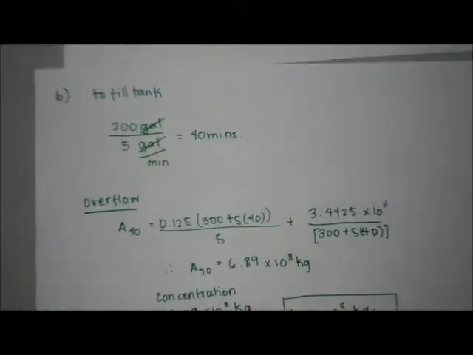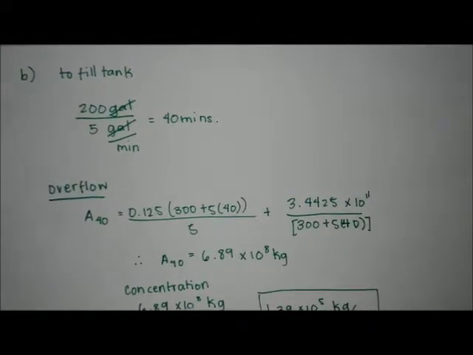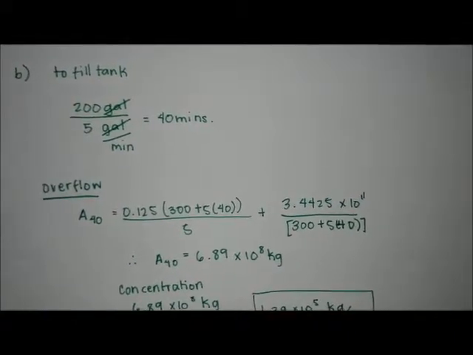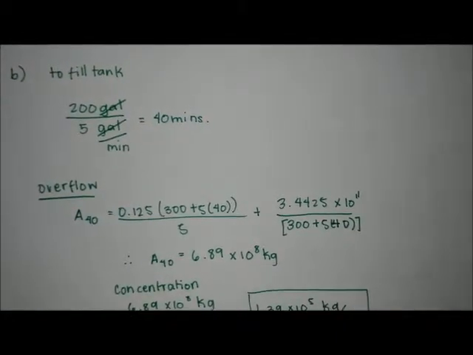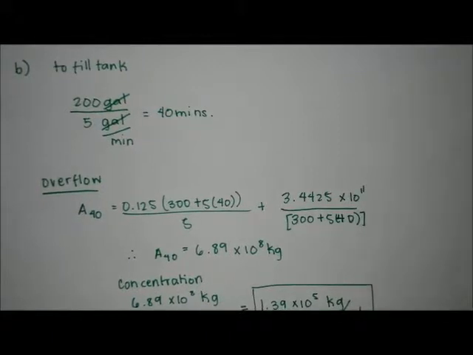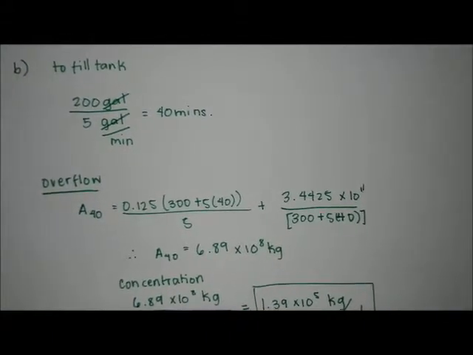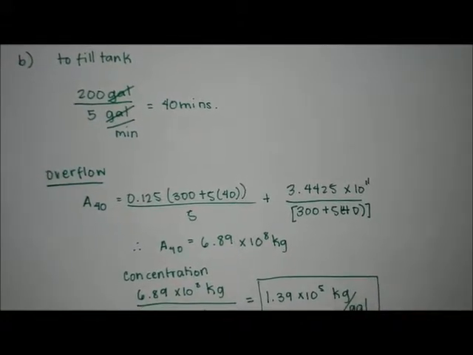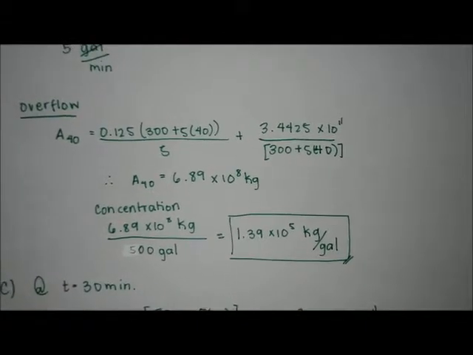So for the second question, first we'd have to find out the time for the tank to overflow, which is 200 gallons divided by the difference in rate, which is 5 gallons per minute, which gives us 40 minutes till overflowing.